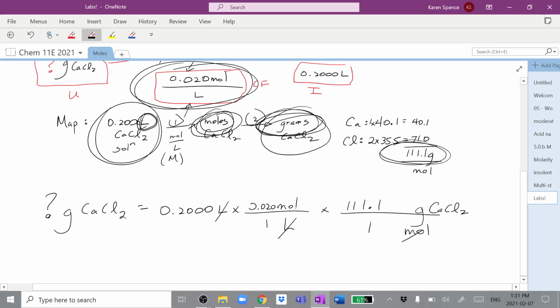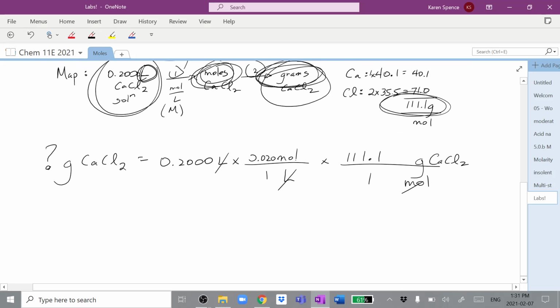I'm not getting too excited about writing calcium chloride in here because I just have the one substance. I'm not asking you about chloride ions. I am only asking you about calcium chloride. So that is 0.2 times 0.02 times 111.1 equals 0.4444. And I'm really sorry if you happen to find that number super unlucky.